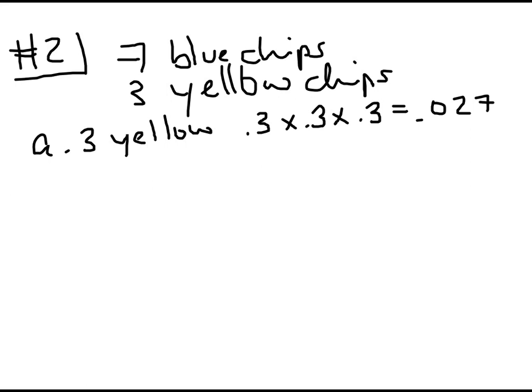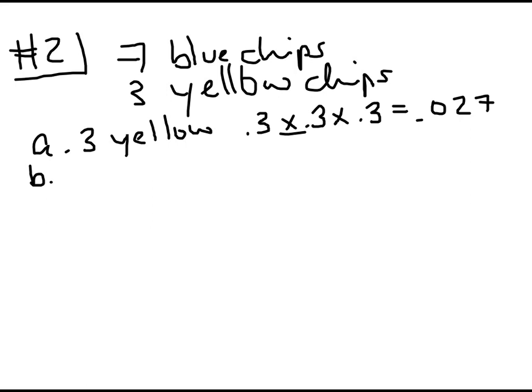So this is the same as the probability of drawing a yellow on the first draw and a yellow on the second draw and a yellow on the third draw, so we multiply these together. B. What's the probability of drawing a blue chip on the first draw and a yellow chip on the second draw?